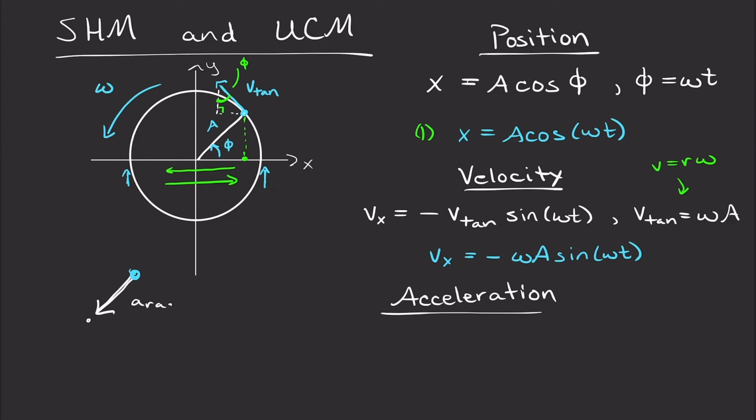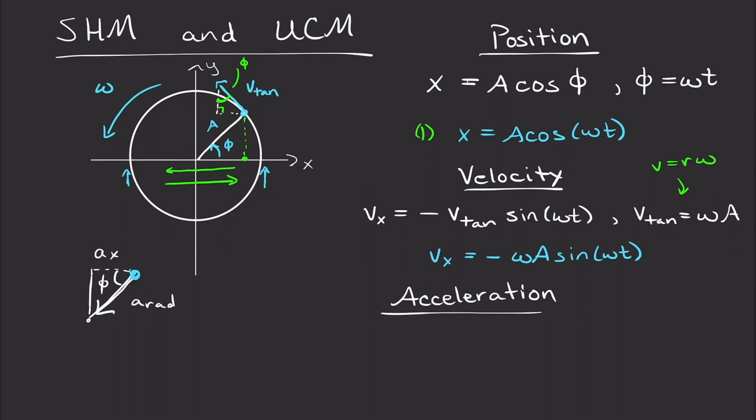This is a radial. If this angle is phi, then that means this angle is also phi. And so this forms a right triangle where this is our x component. These are just alternate interior angles. So if this is our angle phi, then this is also our angle phi.